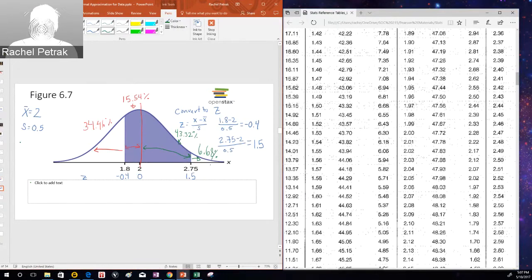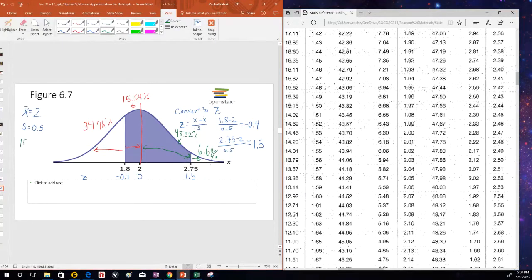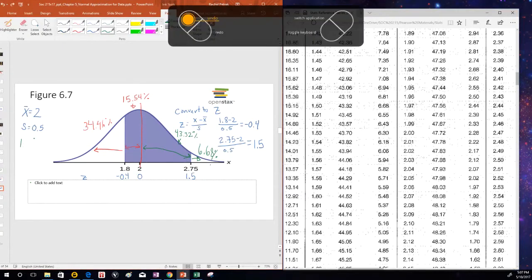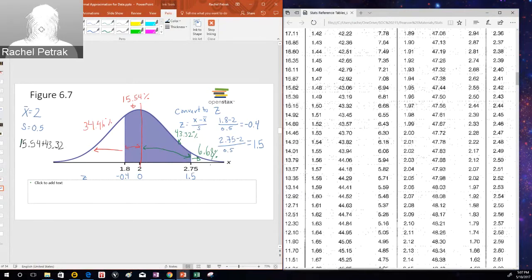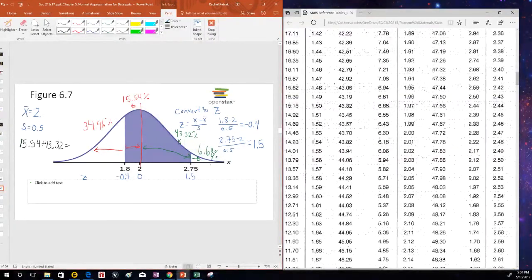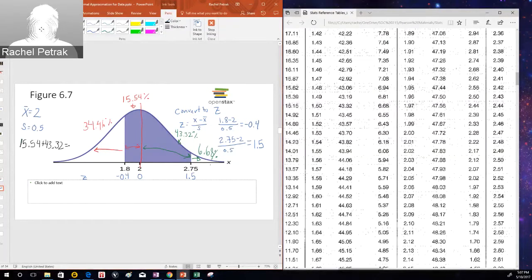If we do that, we can find the proportion of the distribution, or the percent of the distribution. Does anybody already know? Thank you, Tyler. 58.86.